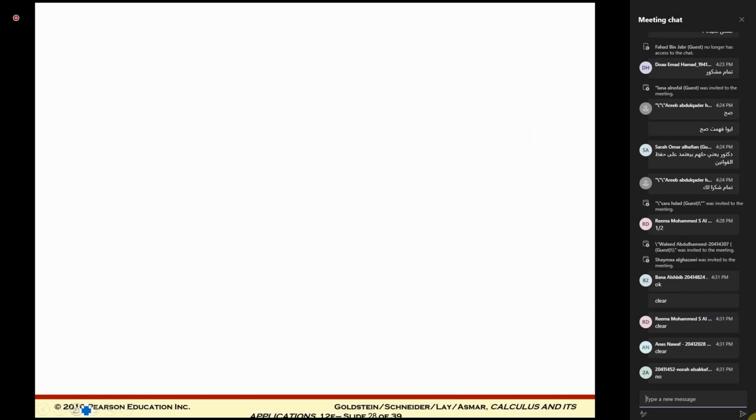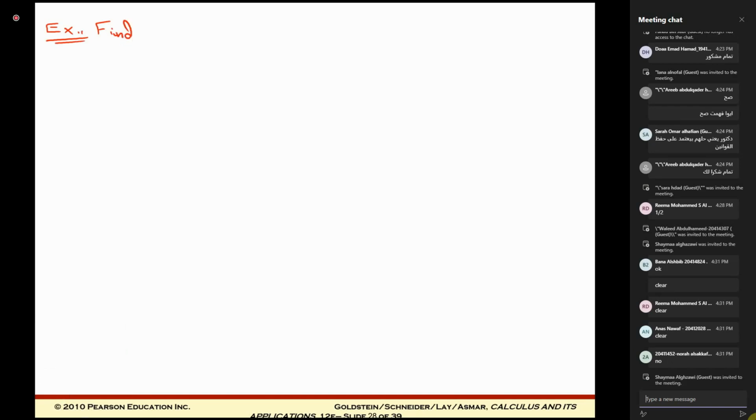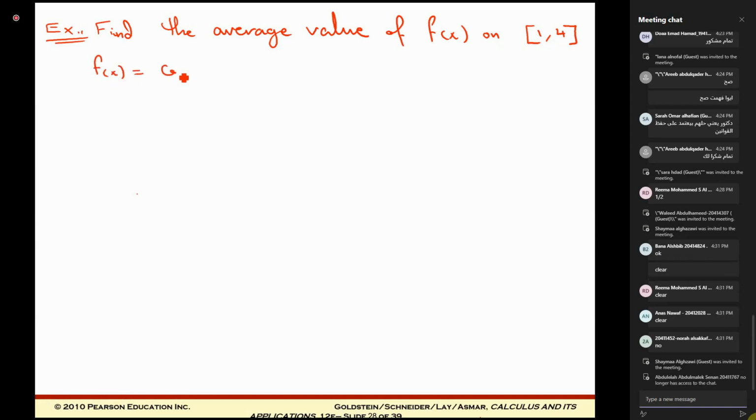So like this example: find the average value of f of x on the interval from 1 to 4, where f of x equals cosine pi x over 2.